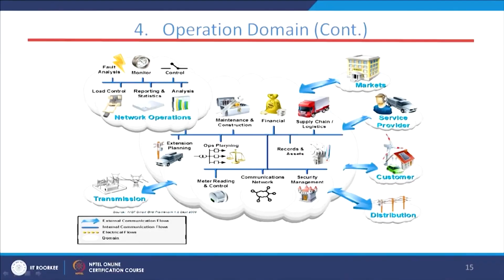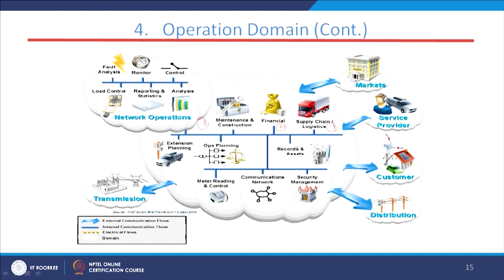And if you come here, the operation domain components, as we have discussed in the previous few slides, in exactly the same manner I want to say what the components of the operation domain are. I will start from here. First one is maintenance and construction, the second one is the financial part, and the third one is supply chain logistics.